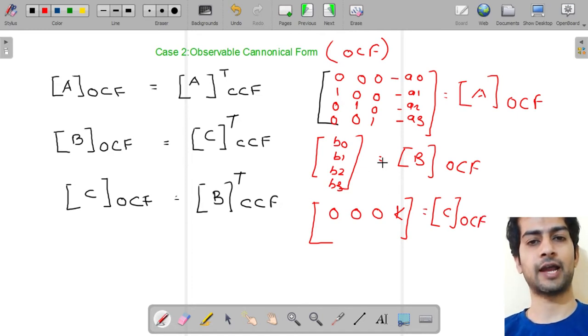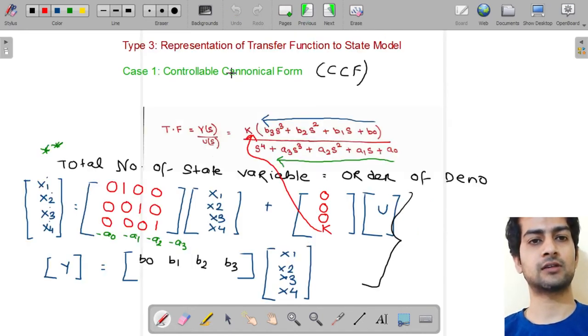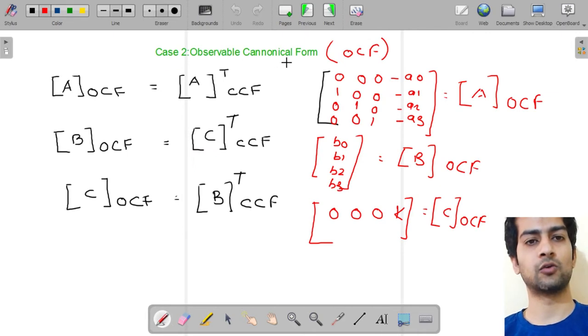See, what we have done is that we have this transfer function and we know its CCF. Now, if we are asked to find OCF, then we can directly take the transpose of this, and it will become this.